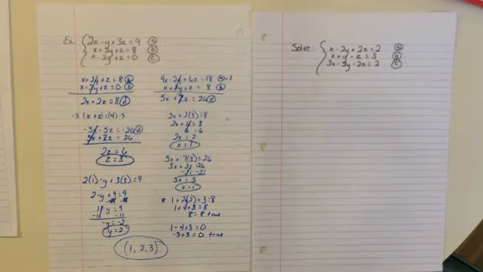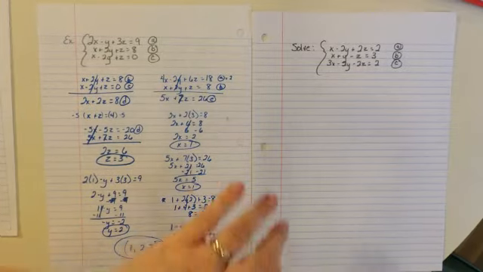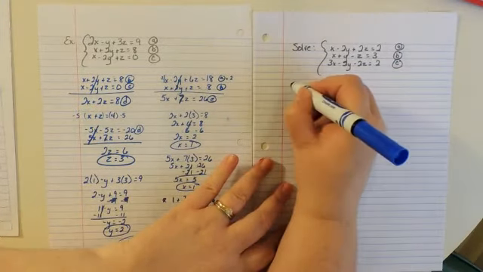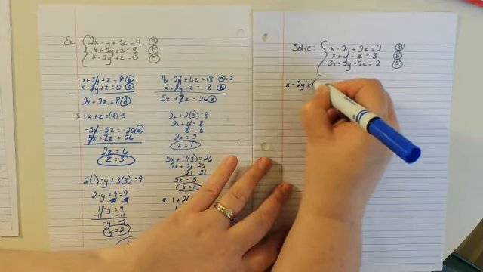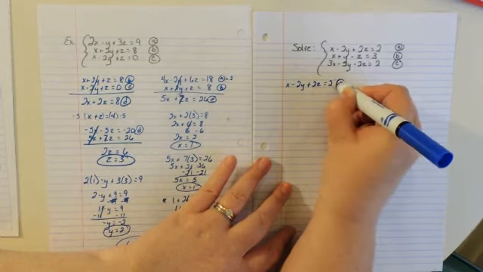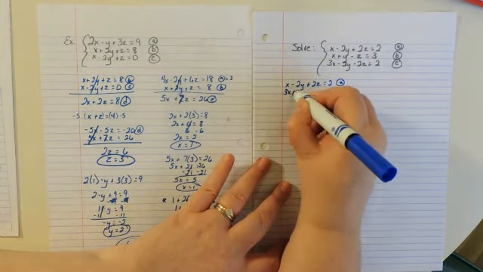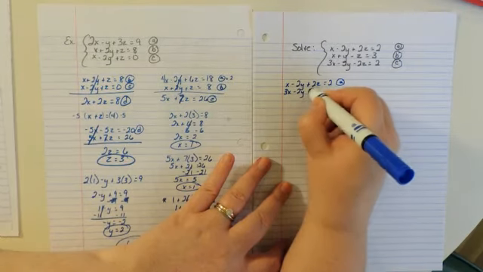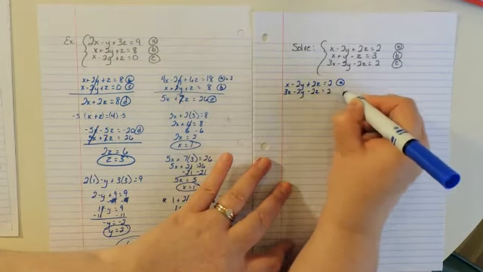So we're going to use elimination on A and C, and we're going to eliminate z. So A is x minus 2y plus 2z equals 2, and C is 3x minus 2y minus 2z equals 2.